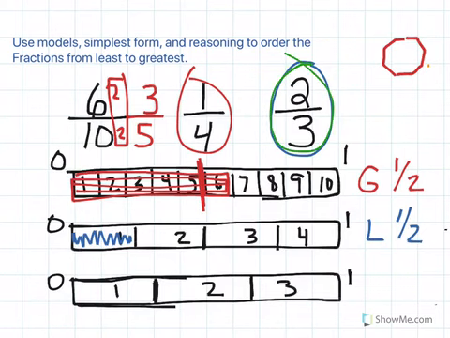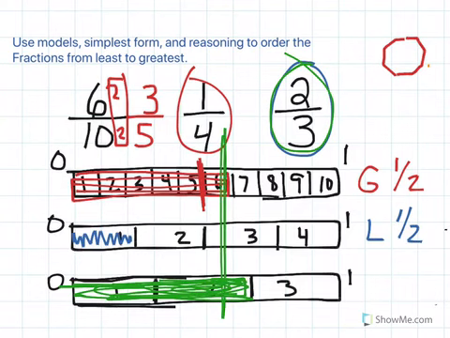I'm going to change colors for 2/3. Let's go green. So 2/3. Okay, I'm shading in 2/3. Now when I look at this, I notice that here is my line for 3/5 or 6/10, but my 2/3 is greater.